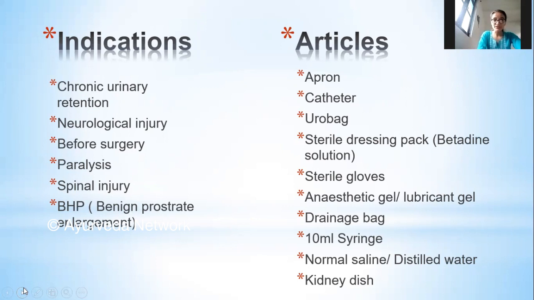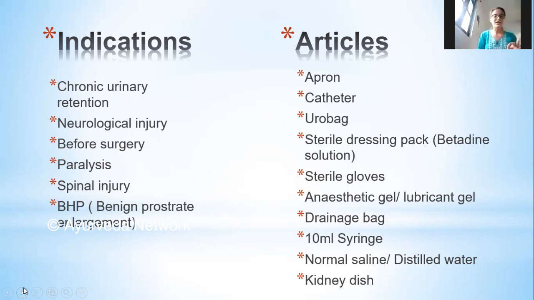Before this, we definitely need to know that we are putting something inside, say an indwelling catheter. Indwelling means something which you are putting inside. There are various types of catheters: indwelling is there, external catheter is there. In general catheterization, we are putting something inside the urethra. So you need to make sure that you are doing it in a completely aseptic environment, because otherwise you are going to introduce infection into the patient.